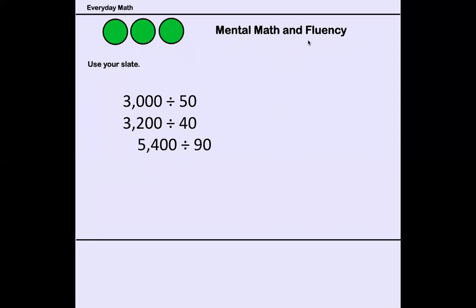Okay, 3,000 divided by 50, 3,200 divided by 40, 5,400 divided by 90.